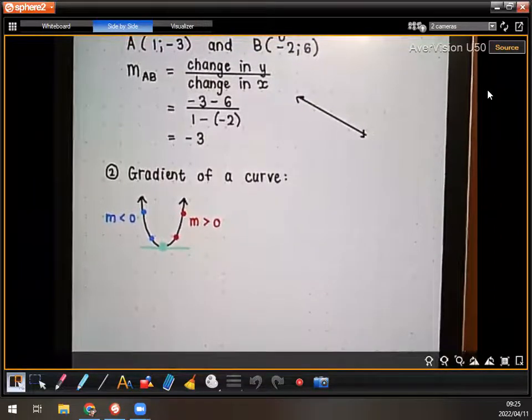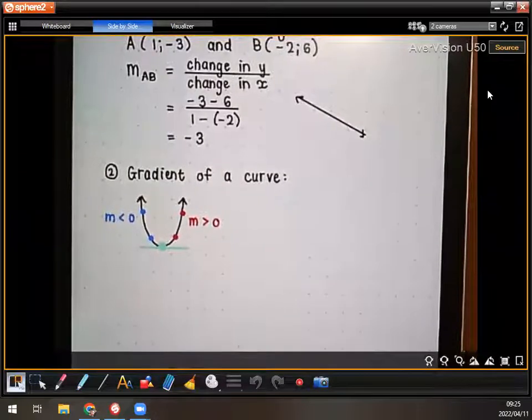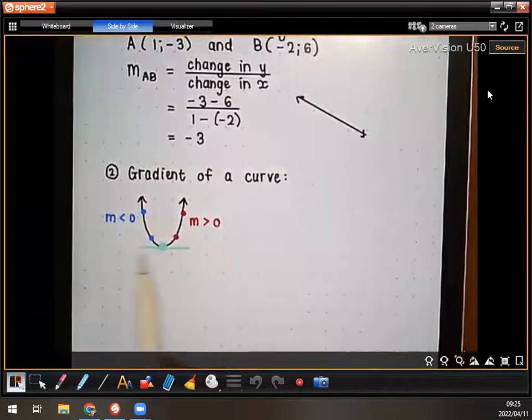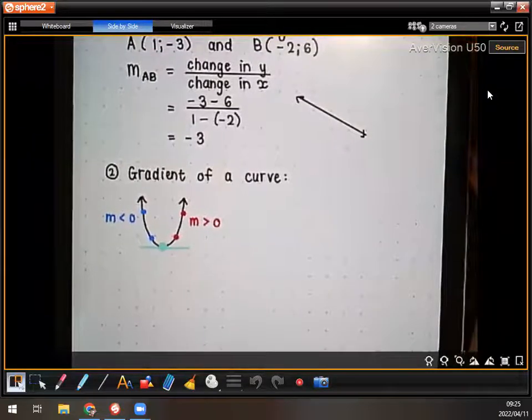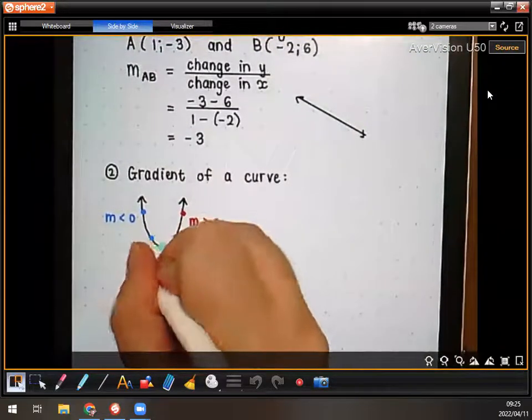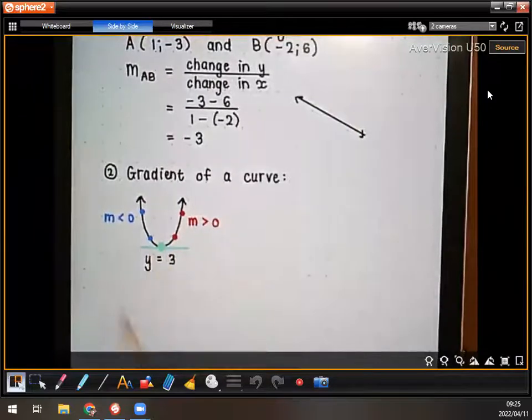What do you guys think the gradient will be at that point? 0, hey? What do we have here? This kind of line is a y equals something line, right? If you have to actually write the equation of this line, this will be a line of like y equals 3 or whatever. Okay, so the turning point is at 3, that will be at y equals 3.